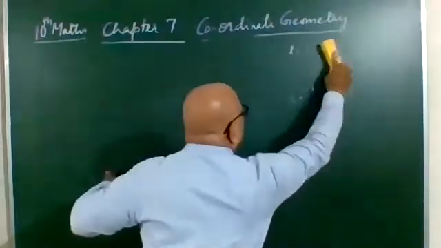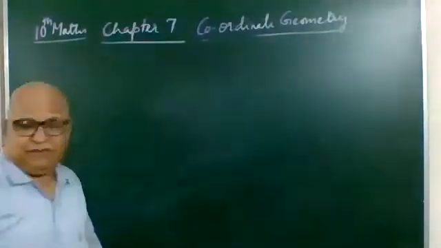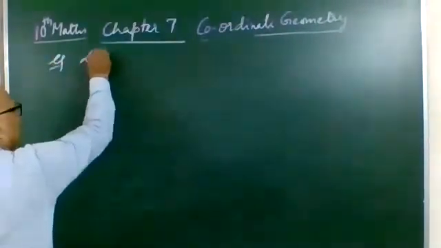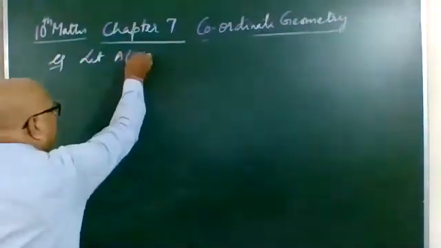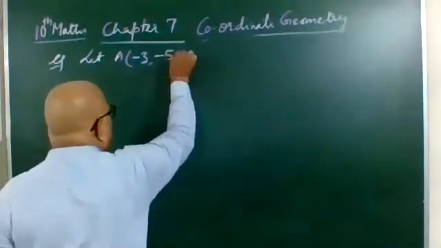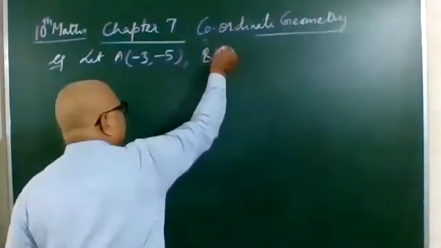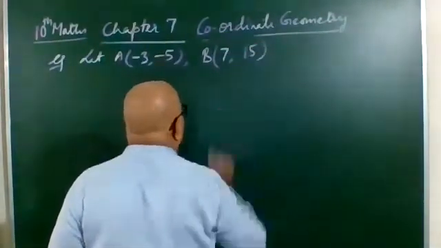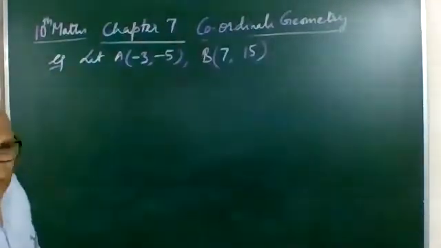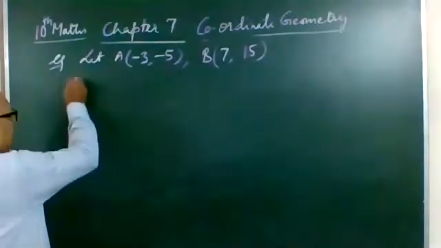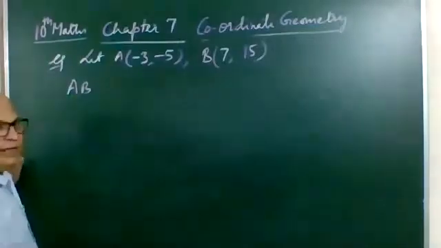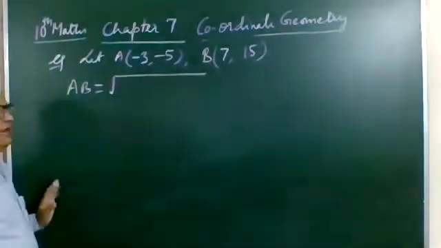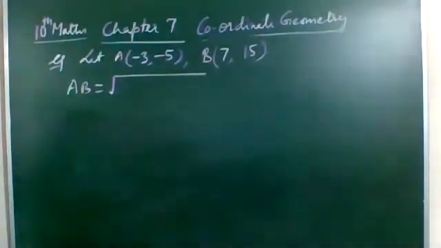Now I will give you an example of how to apply it. Let A be (-3, -5) and B be (7, 15). Now, these points are given and you have to find out AB. No need to write the formula. The only thing is that you remember how to apply it.